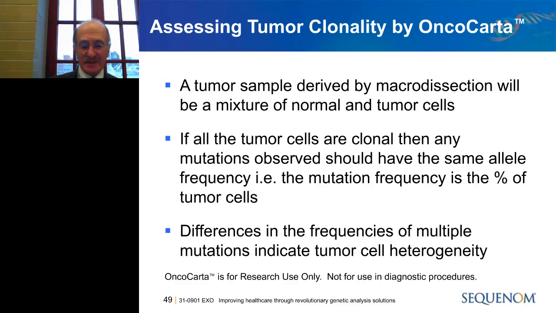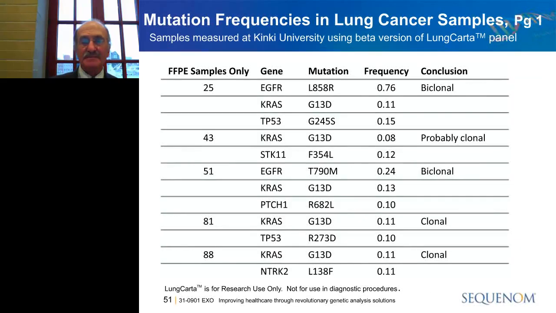And let's test this on a series of lung cancer samples. So patient number 88, this is results from Japan. 2 different driver mutations, same allele frequency, looks like a clonal tumor. Patient 81, again, 2 different driver mutations, but same allele frequency, clonal tumor.